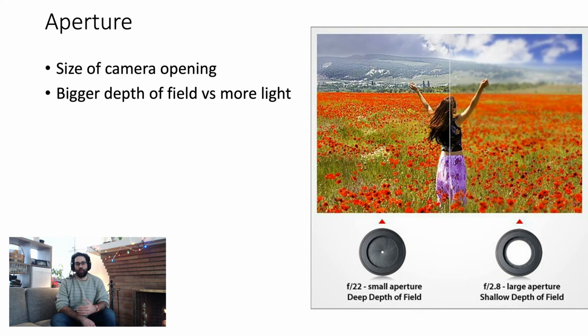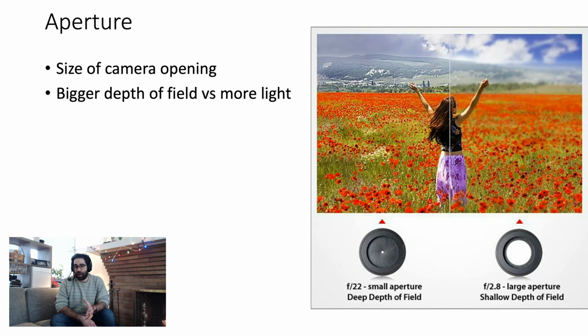That image has greater depth of field because it was taken with a small aperture. The trade-off is that small aperture lets in less light, so we'd either need stronger lighting or adjustments to our other exposure components to compensate. On the right half of the image, almost everything in the background and foreground is blurry, and only the subject is in focus.